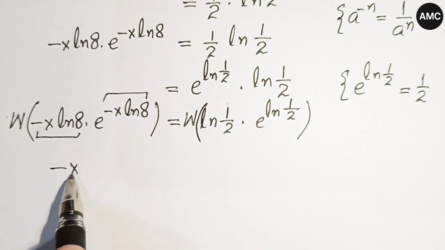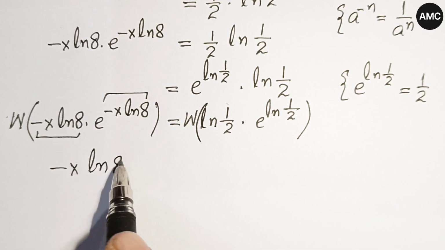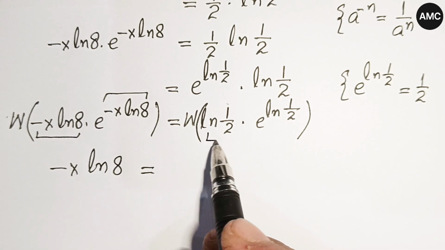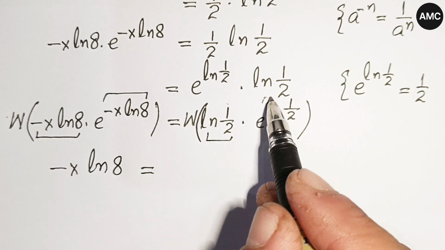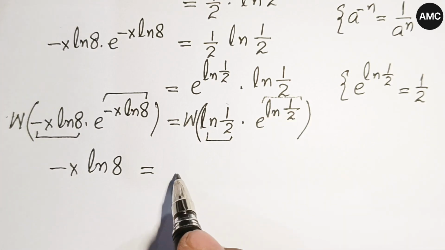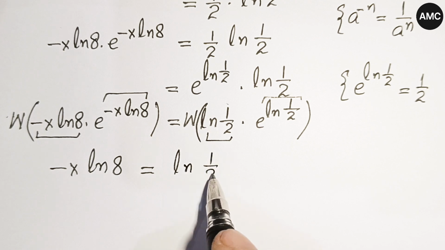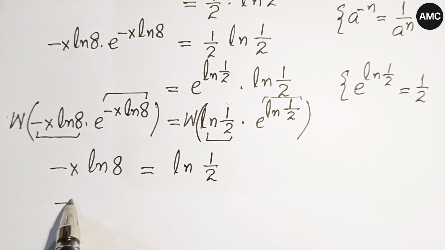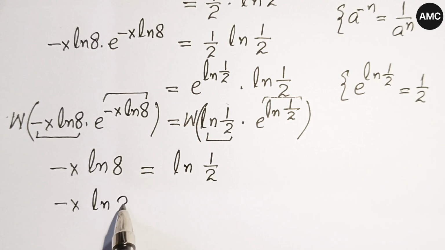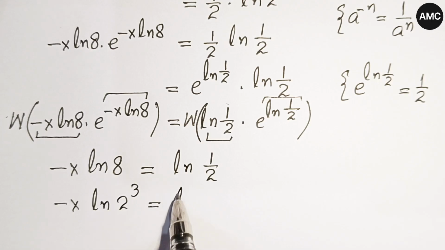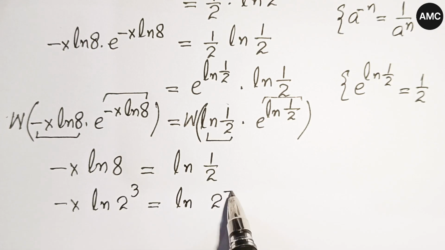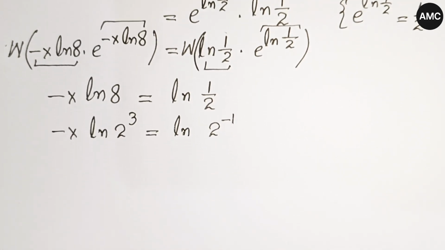So we have minus x natural log of 8 is equal to the same expression in our exponent, so we get natural log of 1 over 2. Now minus x natural log of 8 has 8 as 2 cubed, and natural log of 1 over 2 can be written as natural log of 2 to the power minus 1.